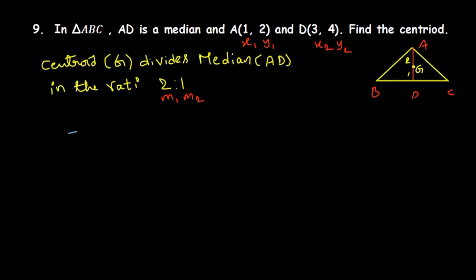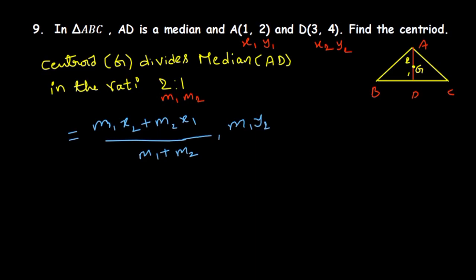Now we can use the section formula, that is (m1 x2 plus m2 x1) by (m1 plus m2), and (m1 y2 plus m2 y1) by (m1 plus m2).